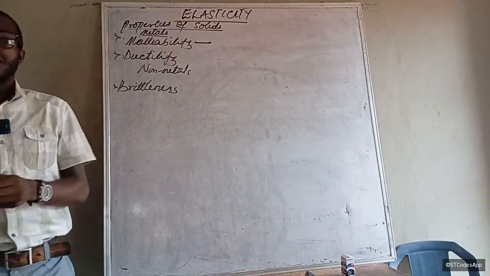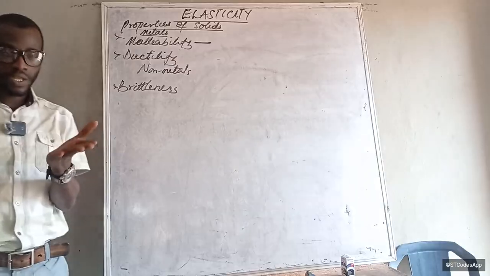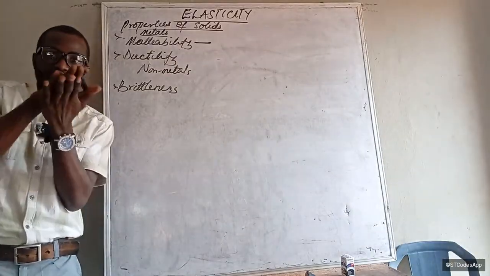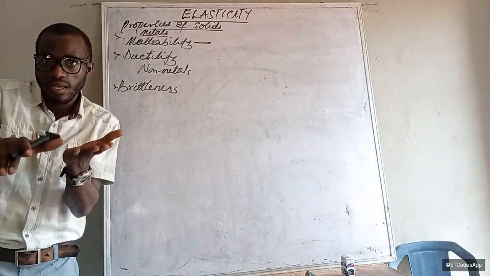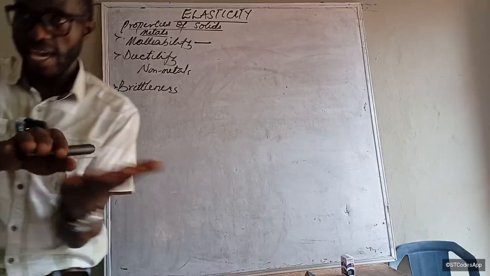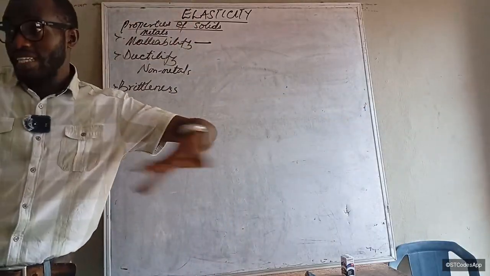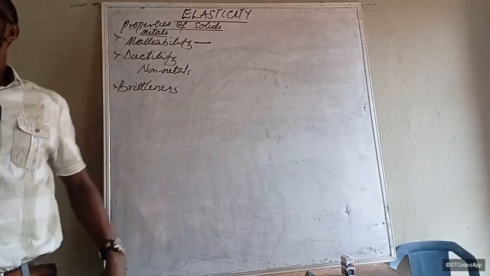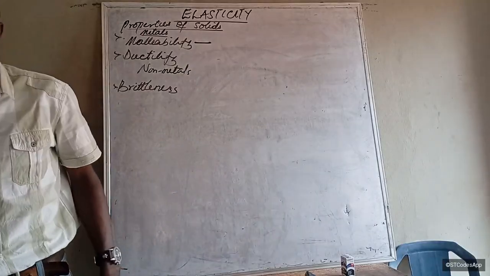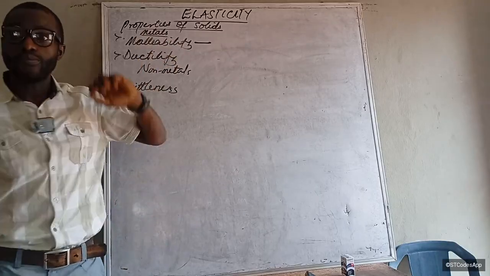Malleability is the property of a metal to be beaten into sheets. Sheet. Do you know what sheet is? Yeah, a thin, spread out piece, like your roofing sheet. So that is because the metal is malleable.